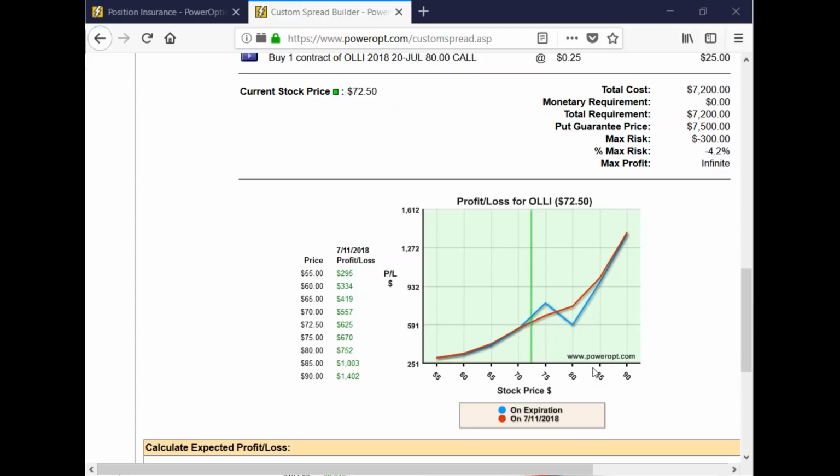It doesn't go back into the negative as we've seen with other positions. Okay, we don't get that drop down in the value where it goes negative again, and that's not what you want. But that's the 6. That is the income method number 6 position. Okay? Bear call spread, sold the 75, bought the 80, infinite upside if it continues above the long call, but I never want to do an income method number 6 where this drops back into the negative range. That's not how you do it.